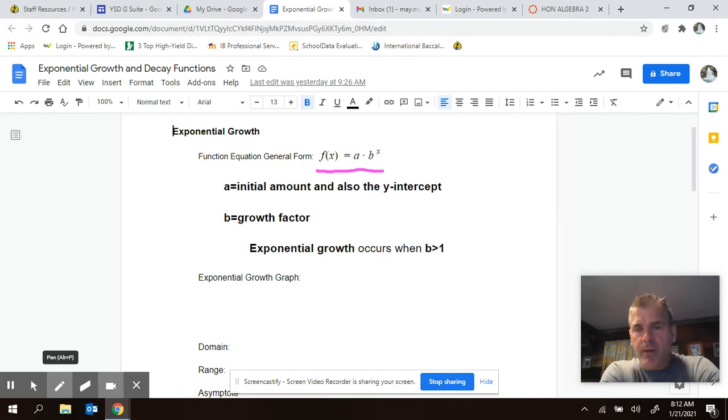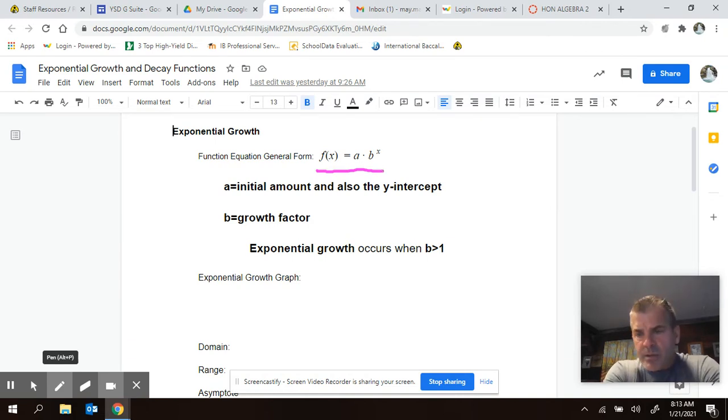Growth comes about because it's doubling, and decay because it's halving, so it's taking half of an amount each time. That idea, the doubling and the halving, goes right back to what we call the growth factor, that b value, the base of the exponent.